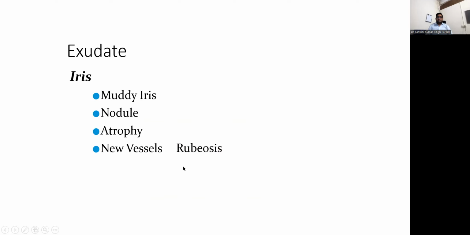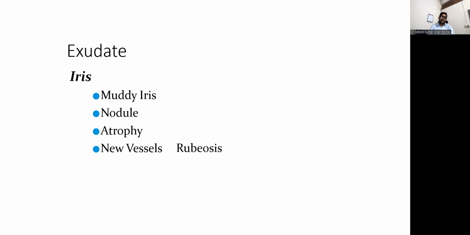So, coming to the findings over the iris. As I have mentioned, the keratic precipitates will get accumulated over the endothelium, and like that, those pigments or exudates will get deposited over the iris tissue also.